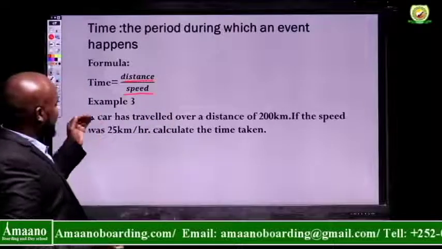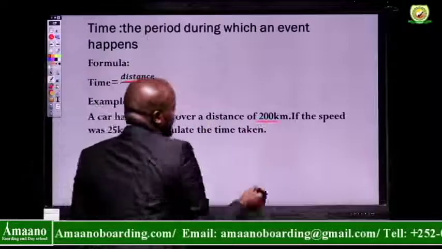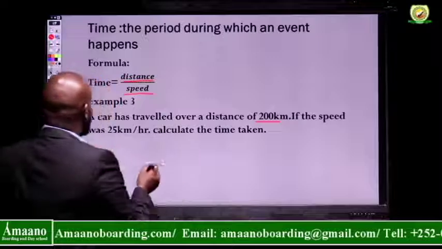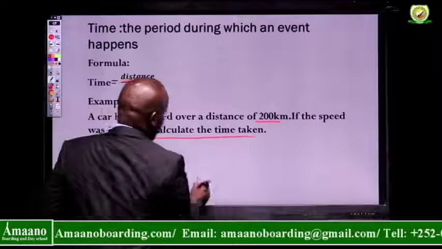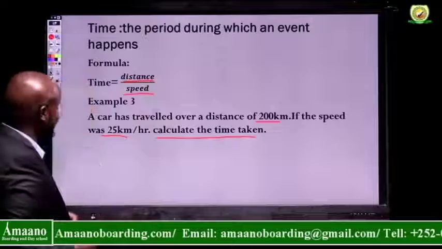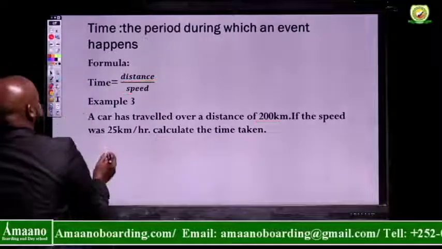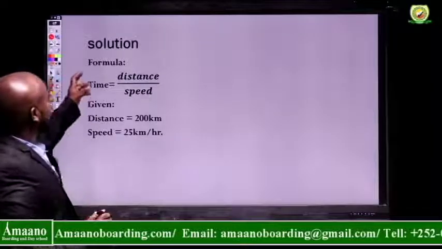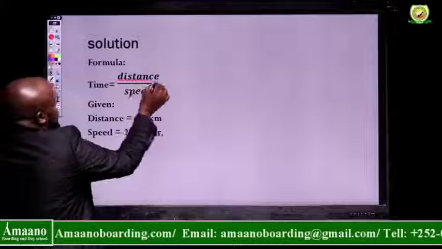Example: a car has traveled over a distance of 200 kilometers. If the speed was 25 kilometers per hour, calculate the time taken. So the formula is time equals distance divided by speed.